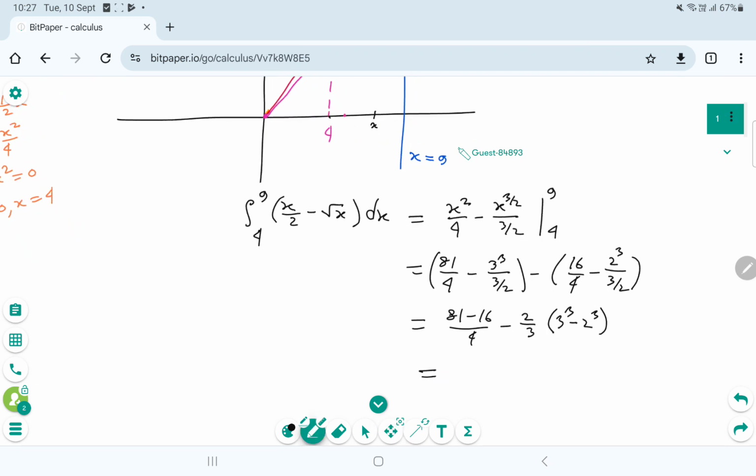I just skip one step. I just remove the parentheses and rearrange like that. 81 minus 16, so 65 over 4, right? Minus 3 times 19, so 38 over 3, right?